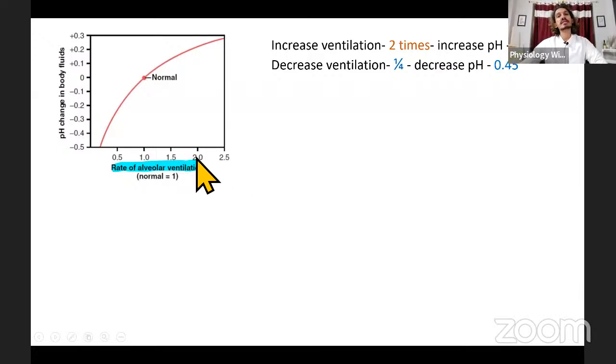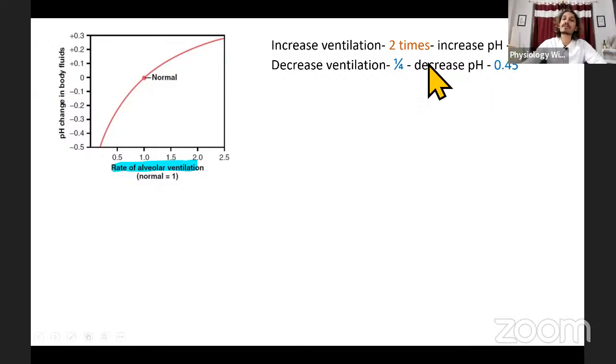When you're breathing more, your carbon dioxide is going outside with your breath. Carbon dioxide is a potential acid inside your body. It becomes H2CO3, splits to give you H+. So when more carbon dioxide is released, your potential acid is being removed from the body.